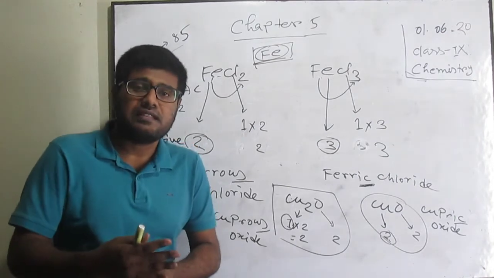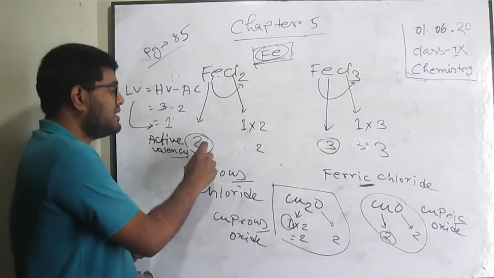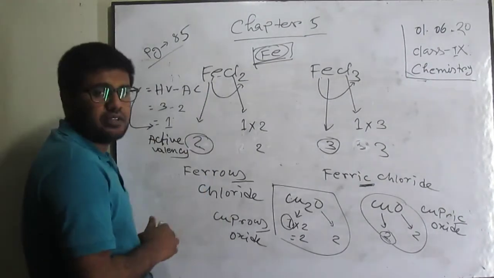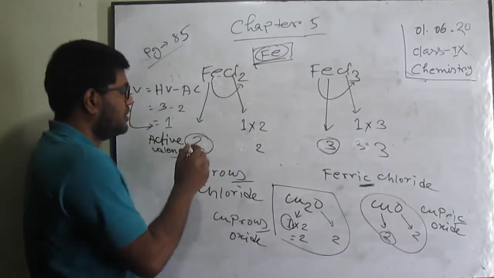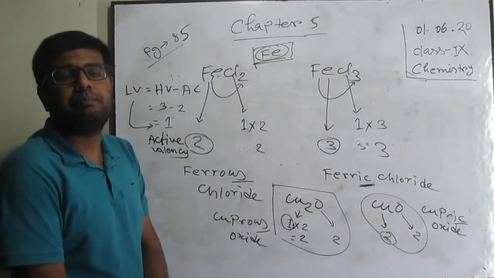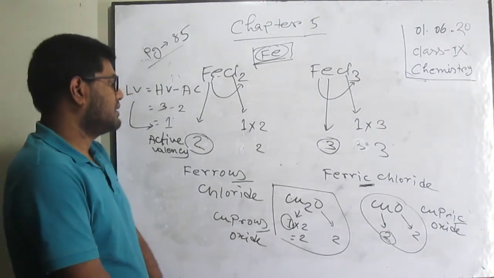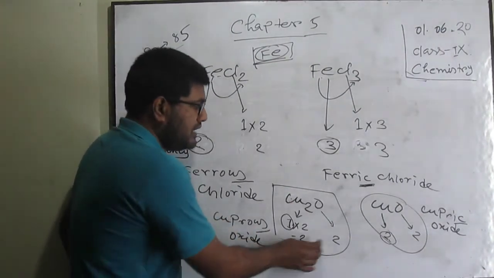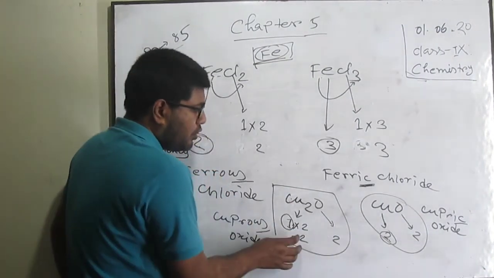Actually active valency means the valency which is active in a compound formation. In this compound formation 2 is its active valency. Individually 2 valency and combinedly 2.